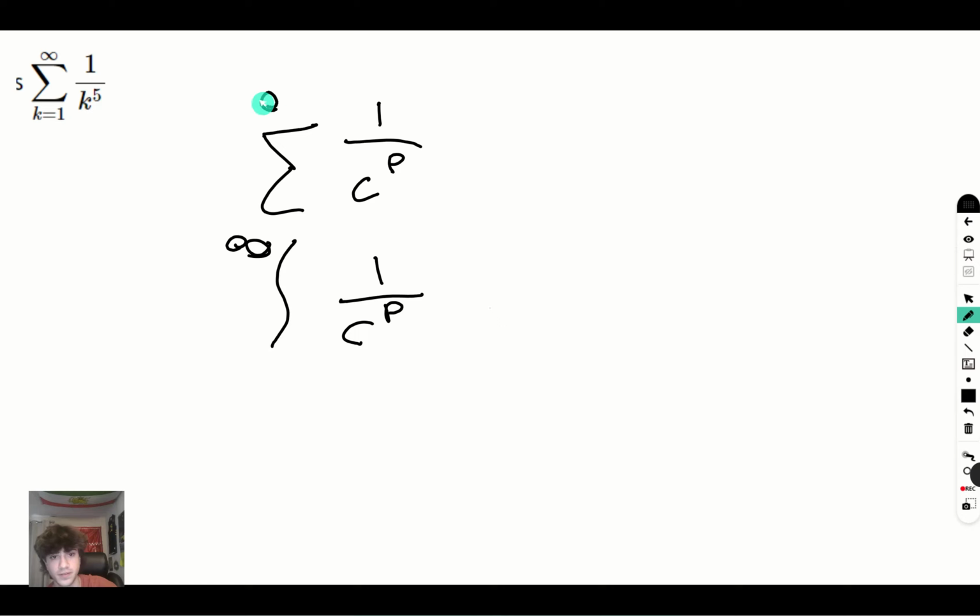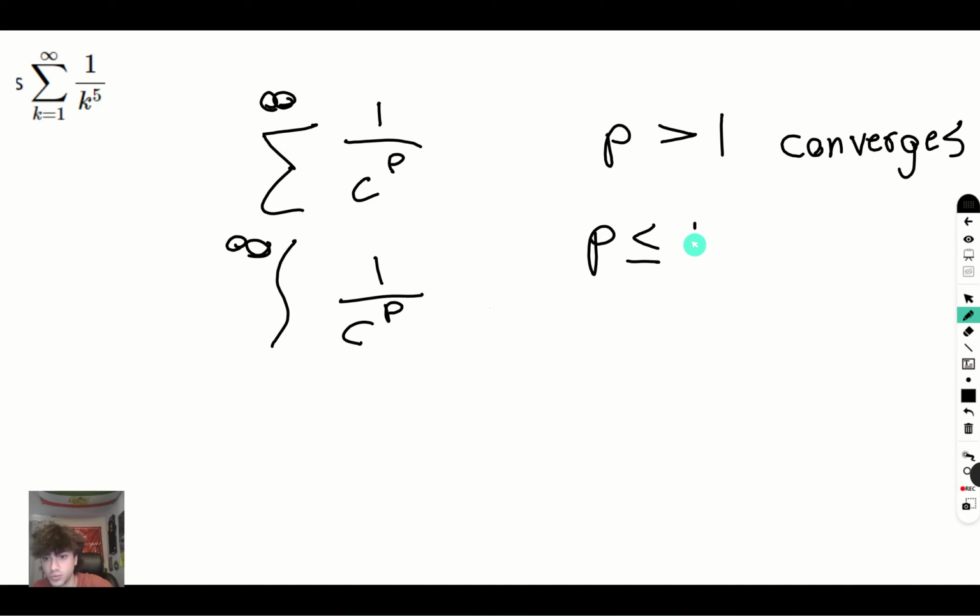We're taking a look at this value p, and this value p will determine whether the summation is going to be convergent or divergent. We just go based off this rule here. If p is greater than 1, then the series converges. But if p is less than or equal to 1, then the series is going to diverge.